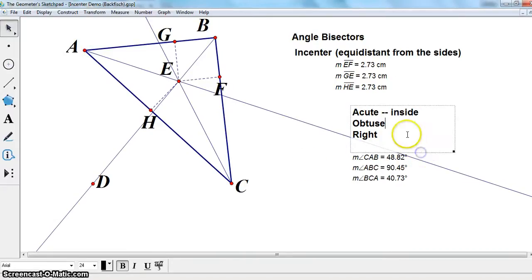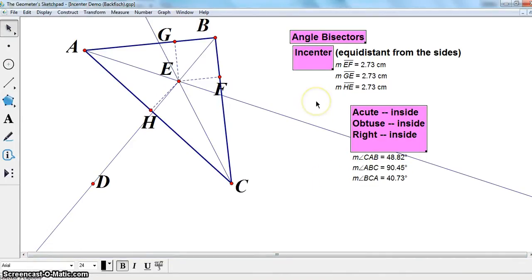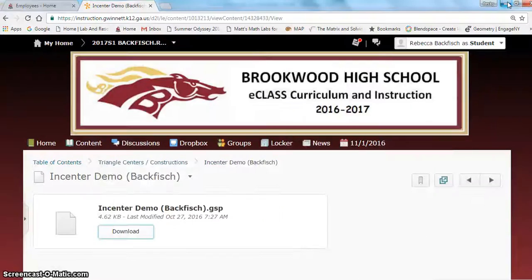So the incenter is always located inside the triangle, no matter whether it's an obtuse, a right, or an acute triangle. So for the row that talks about the incenter and the angle bisectors, this is what you should have. I'm not sure that the order I'm going in is the same as on your chart, so you look on your chart and you decide that.